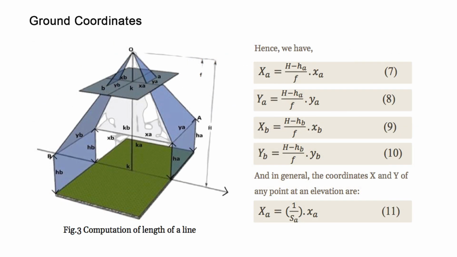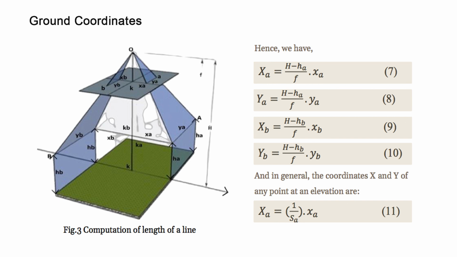Hence, as simple as that, we have capital XA is equal to H minus HA by F into xa, and capital YA is equal to capital H minus HA by F into ya. Capital XB is equal to capital H minus HB by F into xb, and capital YB is equal to capital H minus HB by F into yb.